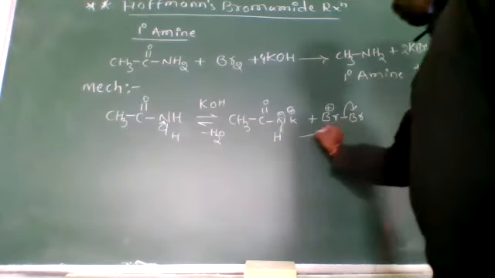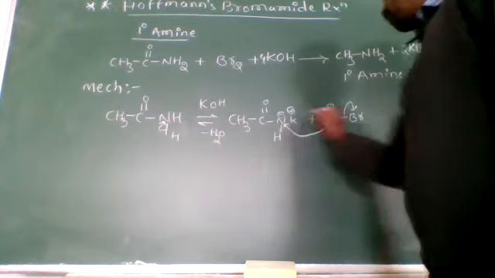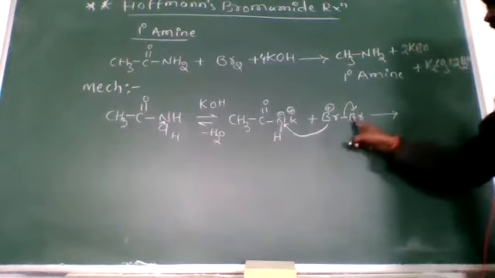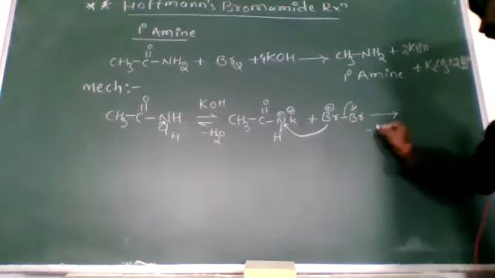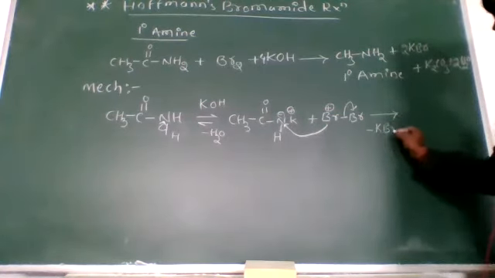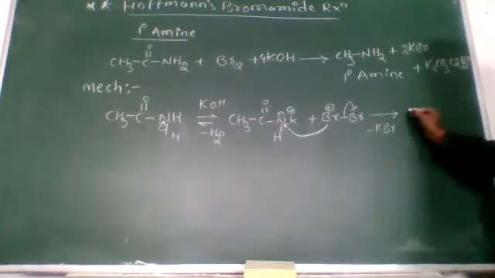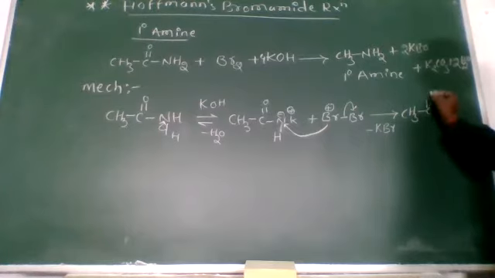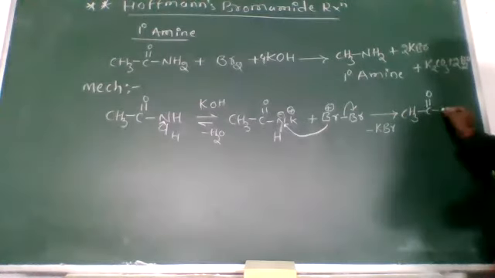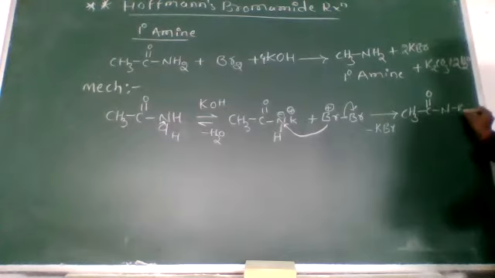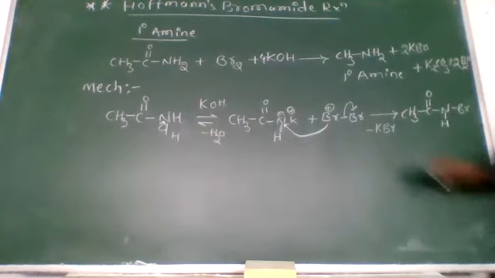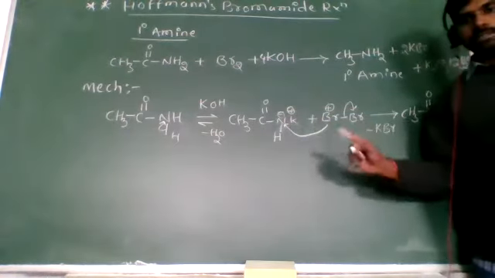The negative and the positive minus KBr, right? Now what remains here is CH3, C double bond O, N, this is the Br, and here is the hydrogen. Clear? The bromine bonds with the nitrogen.